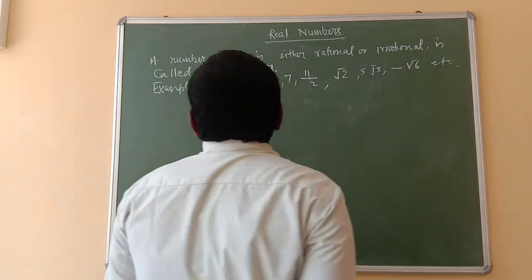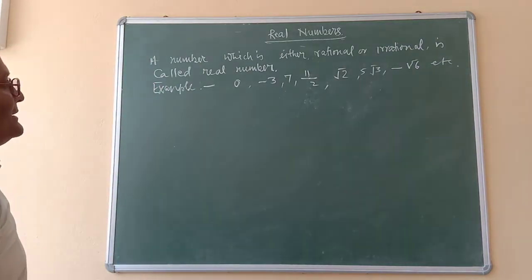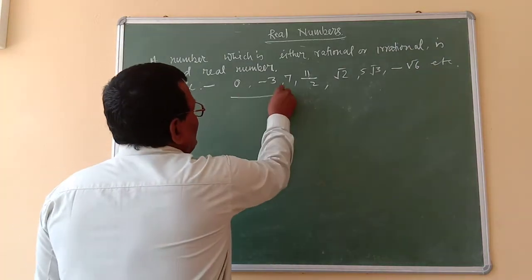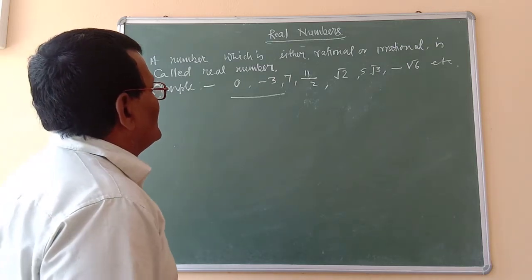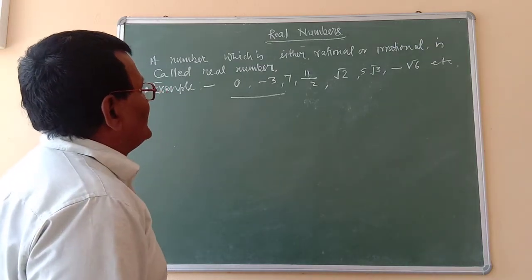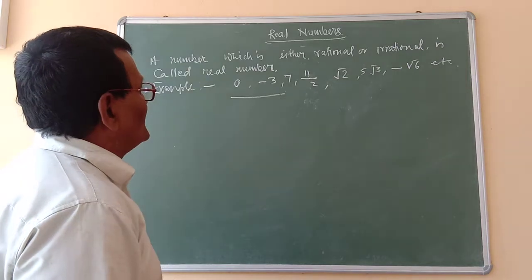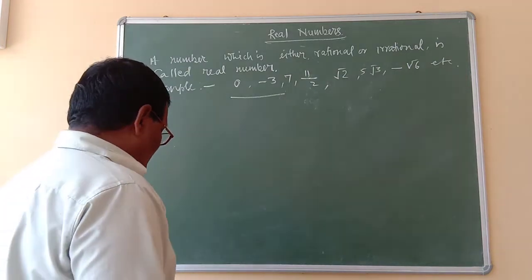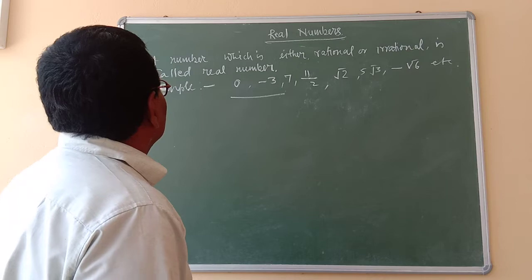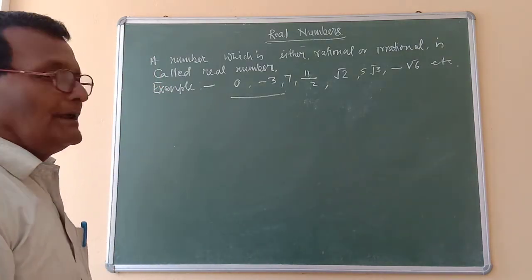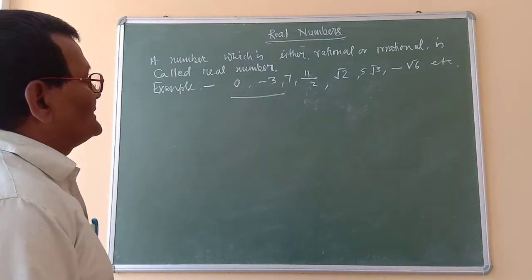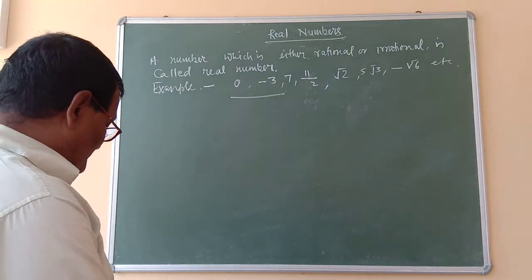These are examples of real numbers. In this collection, you can divide the numbers into rational numbers and irrational numbers. So, a real number is a collection of rational and irrational numbers.